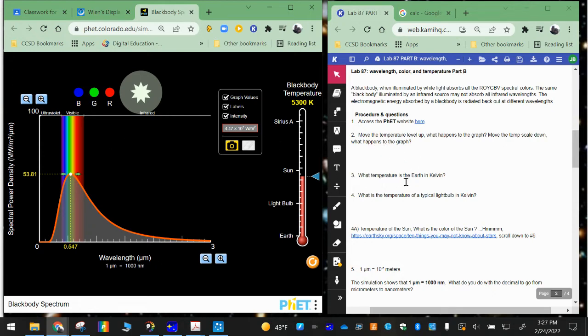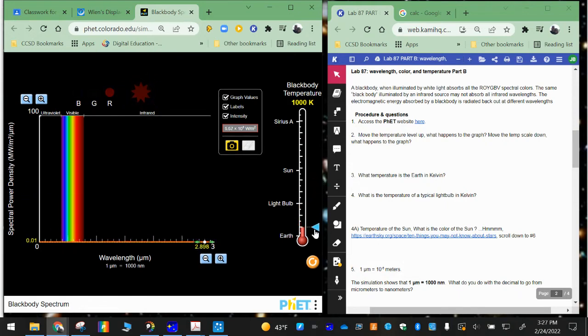Then it says, what temperature is the Earth in Kelvin? We'll go all the way down here to the Earth, and we see that the temperature is 300 Kelvin. However, the graph, or the peak, disappeared here.